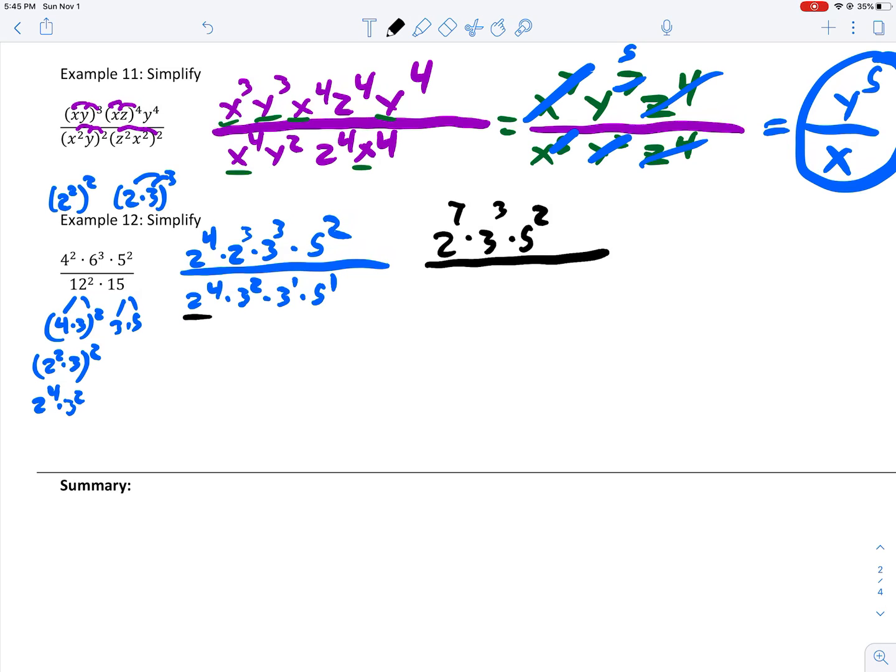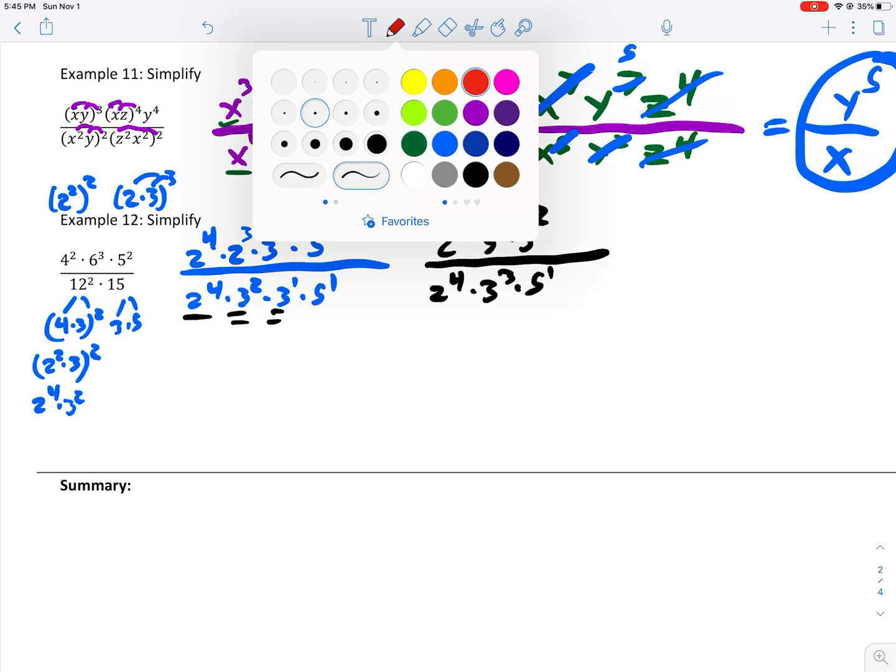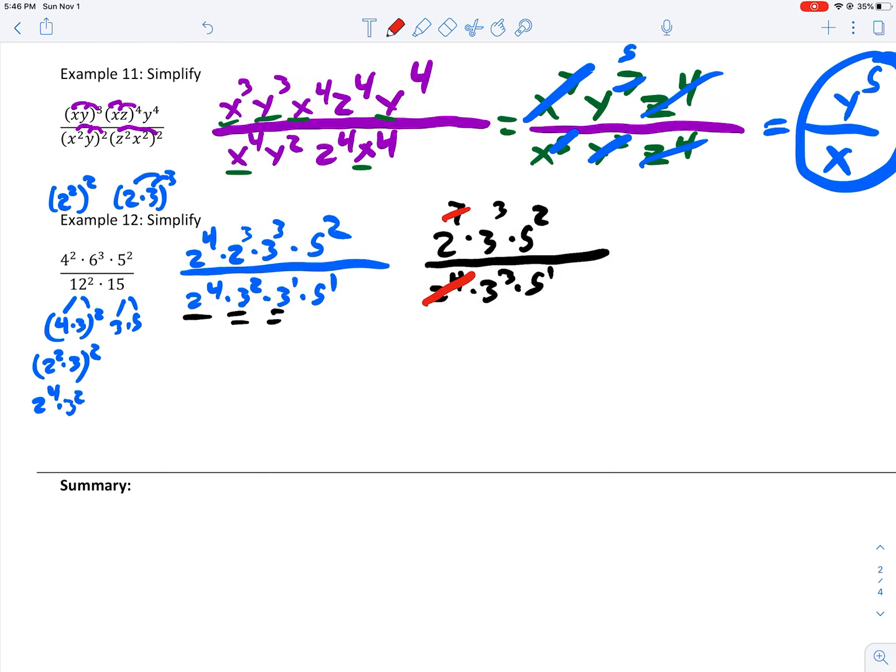On the bottom we have 2 to the 4th, 3 to the 3rd, times 5 to the 1. Then we reduce. All 4 of these are gone, and there'd only be 3 left here. These are gone, that's gone, and 1 is left. So this gives me 2 to the 3rd times 5, which is 8 times 5, which gives me 40.